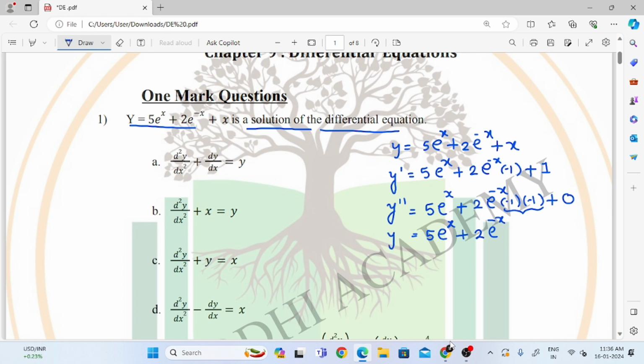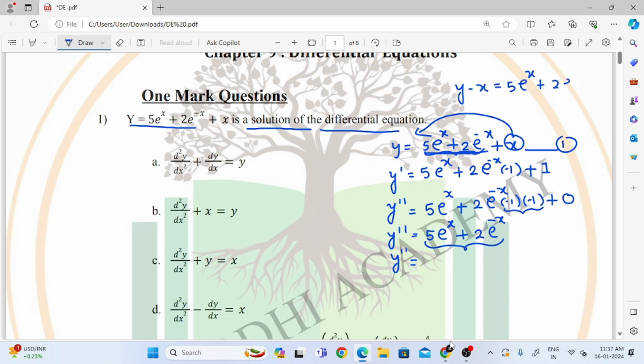So here y double dash is equal to 5 e raised to x plus 2 e raised to minus x. Let's say this is equation number 1. We want to find the value of 5 e raised to x plus 2 e raised to minus x. If we take x to the left hand side, it becomes y minus x is equal to 5 e raised to x plus 2 e raised to minus x.